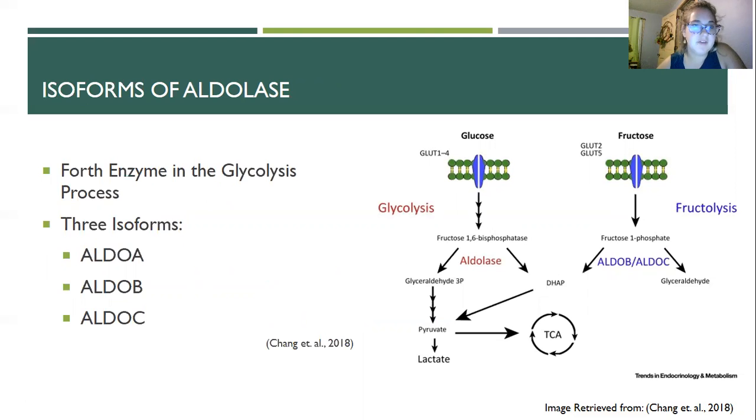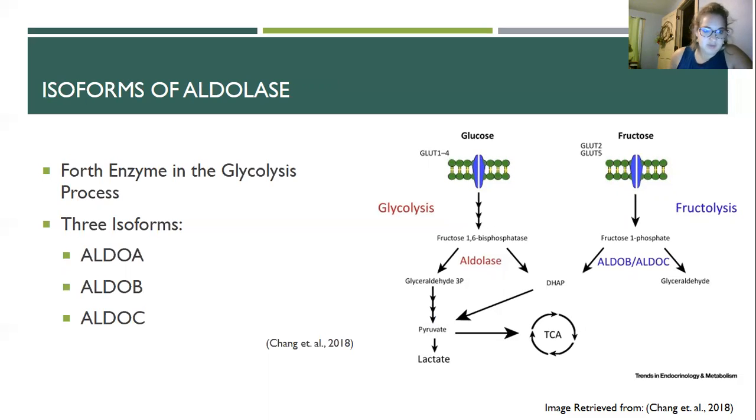There are different types of isoforms of aldolase, and the 3 different family members of aldolase are aldo A, aldo B, and aldo C. Each of the aldolase family members has a different gene that encodes it, and these 3 enzymes can be seen in human organs.